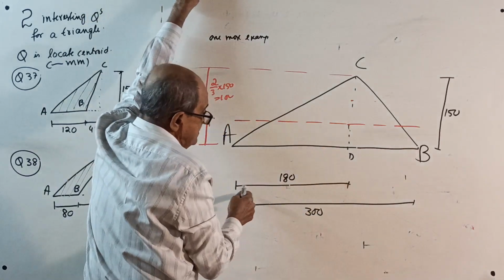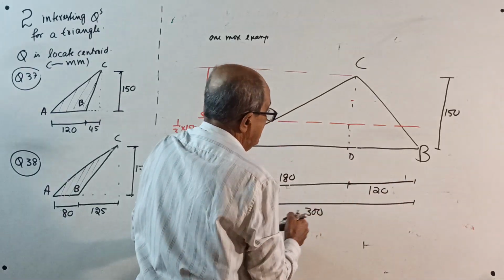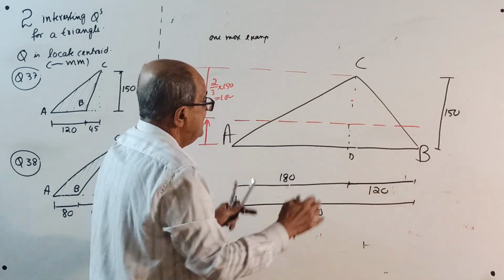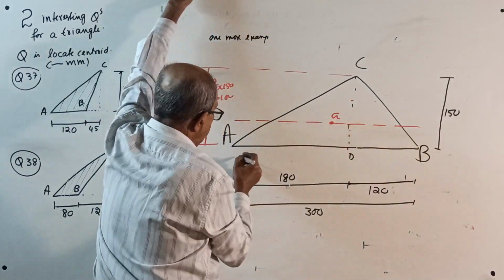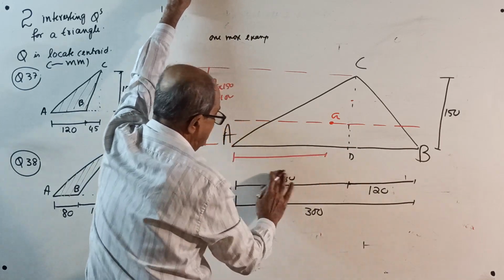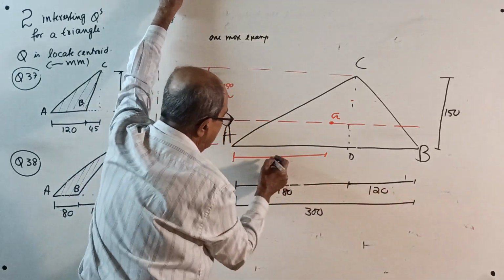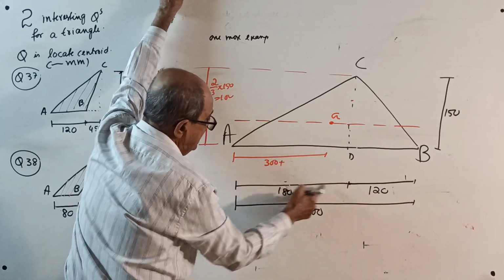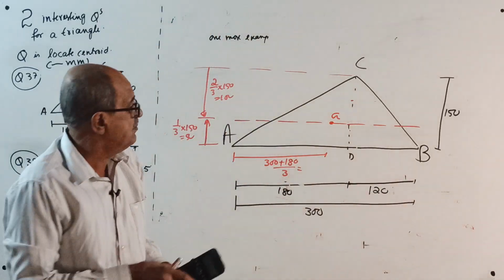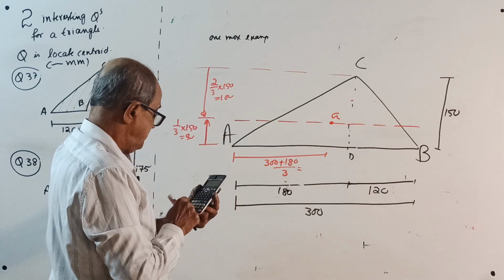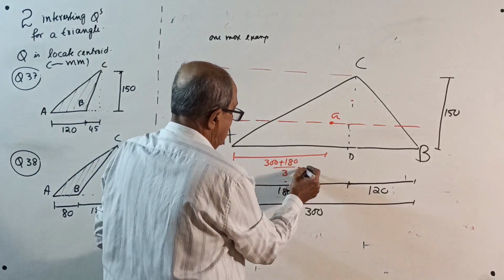This is 180, so right here this will become 120. Now we have more area this side, so the centroid will lie here, G. From here it will be the full length 300 plus this cut length 180, divided by 3, which is 160.